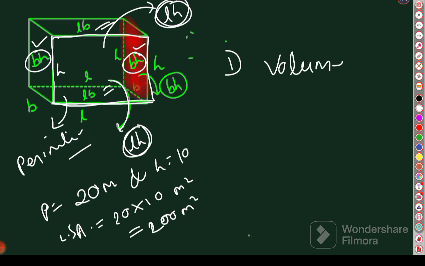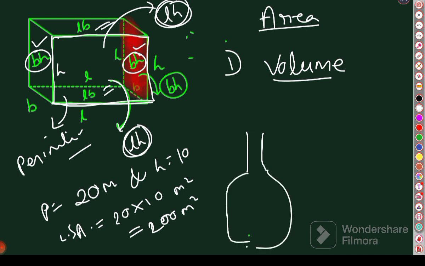Can you tell me the difference between volume and area? A student sometimes can't explain it properly. Area means the place occupied by an object. If a bottle is on a surface, it is taking this much area, right?